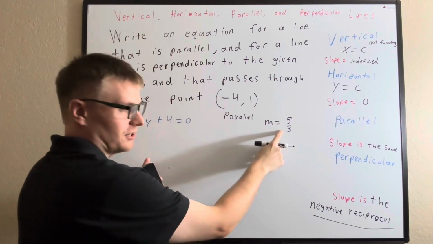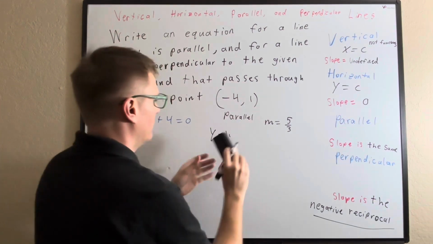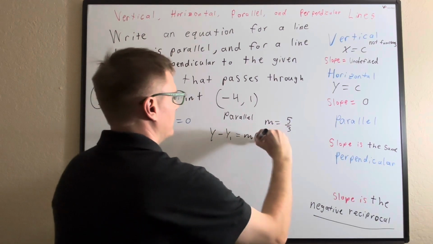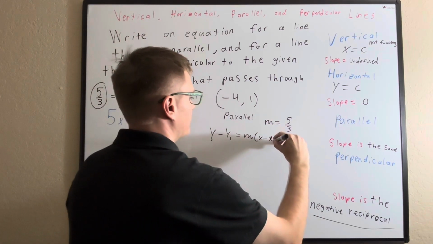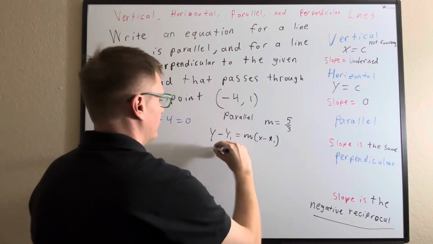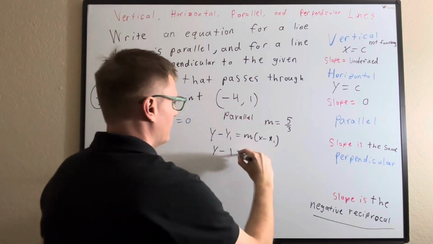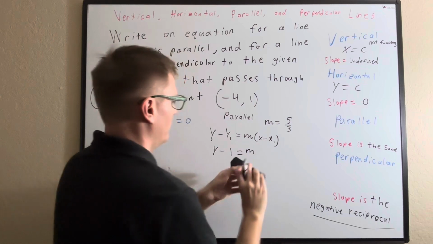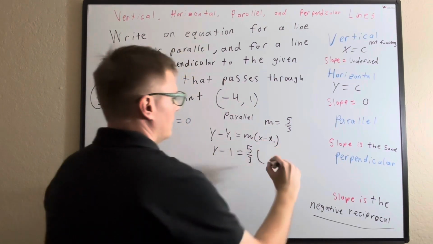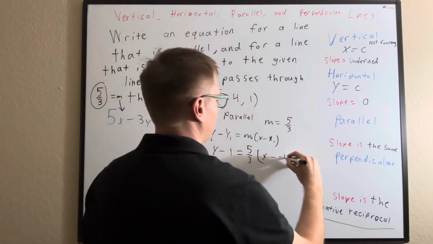Because we have a point and we have a slope. So y minus y1, that's our point-slope form, equals m times x minus x1, right? The y1 and the x1 come from that point there. So y minus 1, because the y is on the left, equals m, well, actually, we know what m is, right? It's 5/3, okay? Times x minus x1, -4.